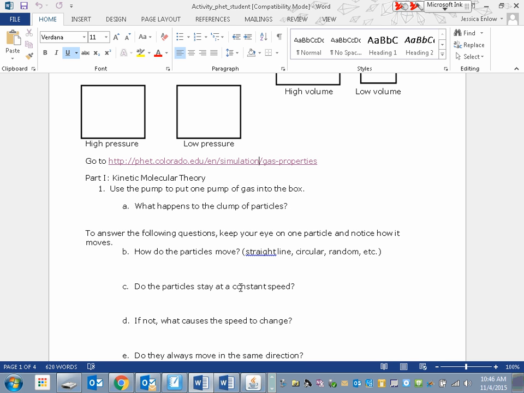Do the particles move in straight lines? It's random. Does the pressure stay at constant speed?